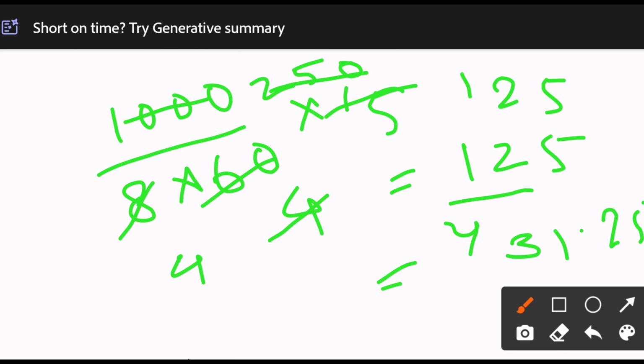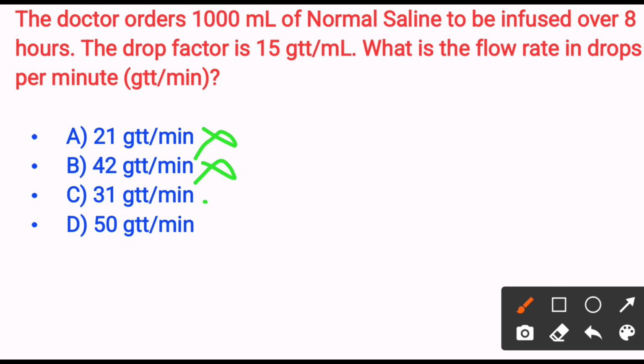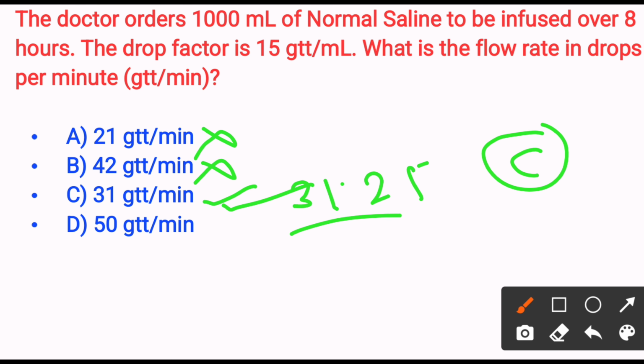The answer will be 31.25. Let's see, here is 21, no, 42, no, 31 is nearby 31.25. So the answer will be option C.